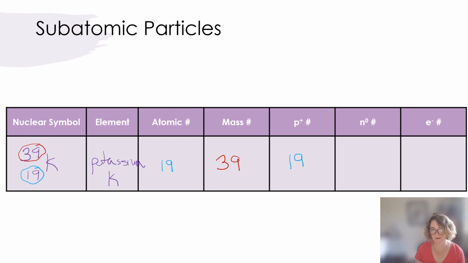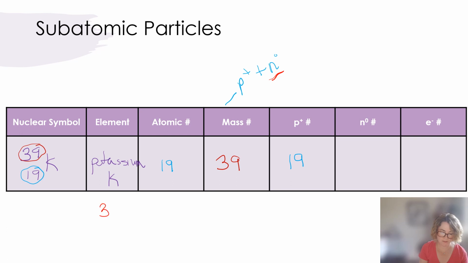If I wanted to find the number of neutrons, remember that the mass number is the protons plus those neutrons. So if I wanted to find just the number of neutrons, I'm going to isolate just the neutrons.